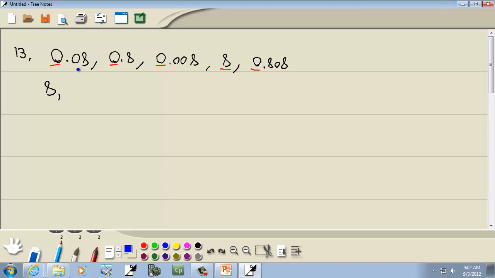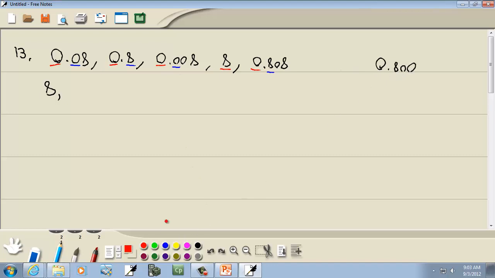Okay, now let's compare the first digit after the decimal, the tenths place. So we got a 0 here, we got an 8 here, 0 here, and 8 here. Okay, so it's going to be between the 0.8 and 0.808. And this one right here doesn't have any more decimal places. So if I were to start adding them, 0.8 would be 0.800.